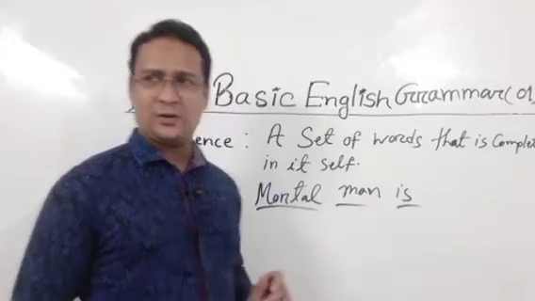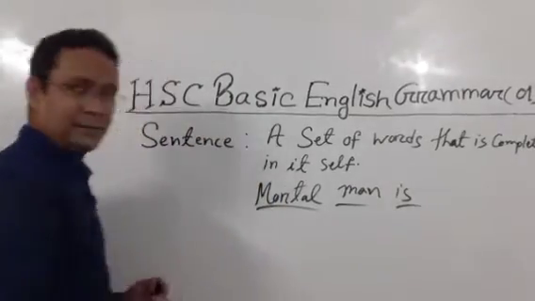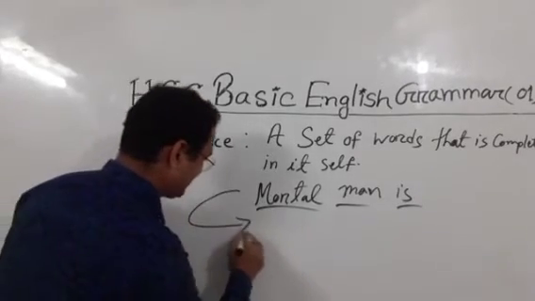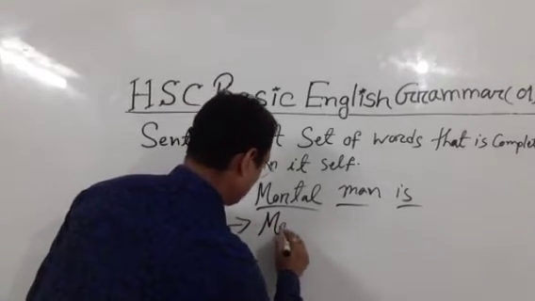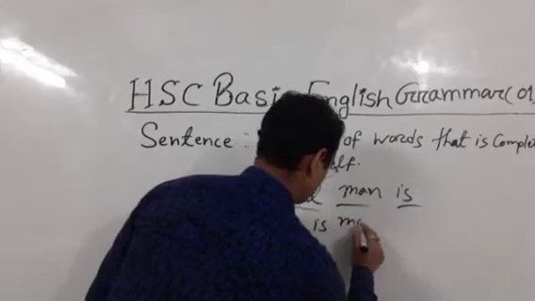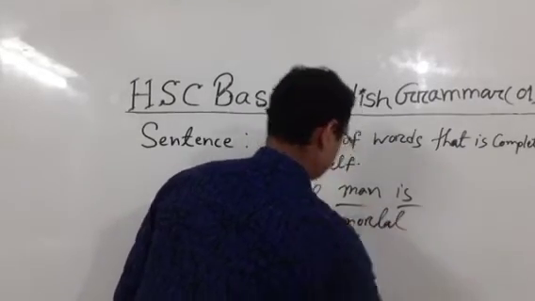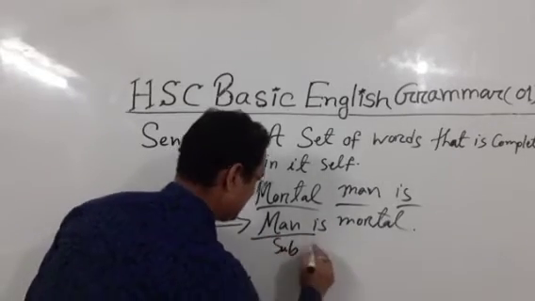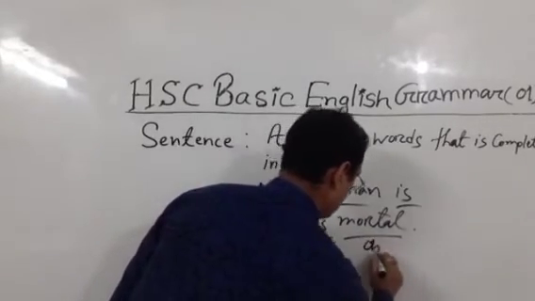Am I right? So if we write this sentence, man is mortal, it's a sentence because here is subject and verb and object.